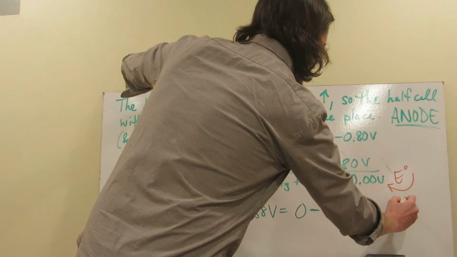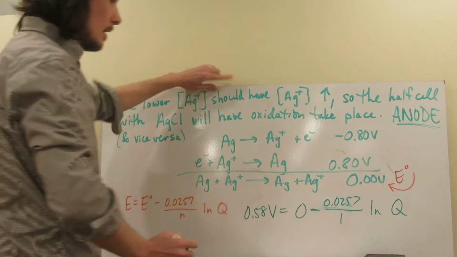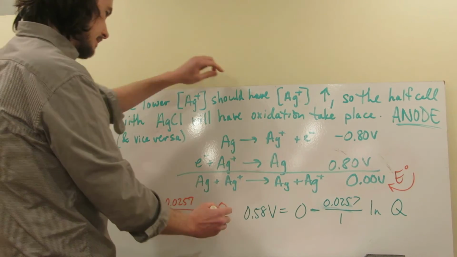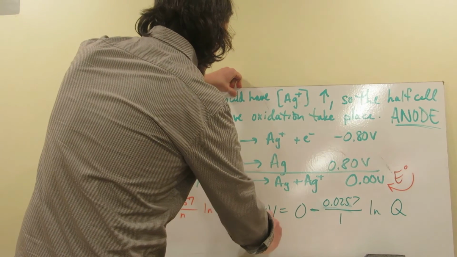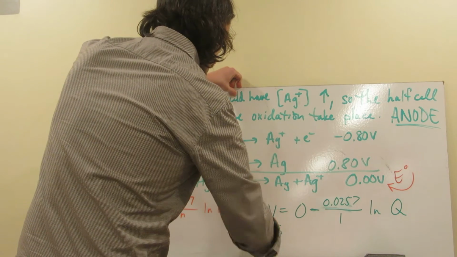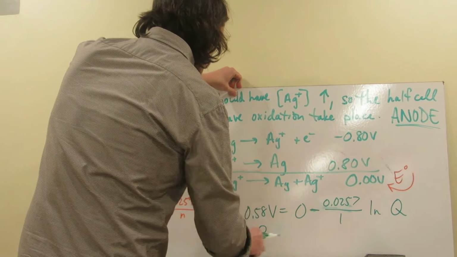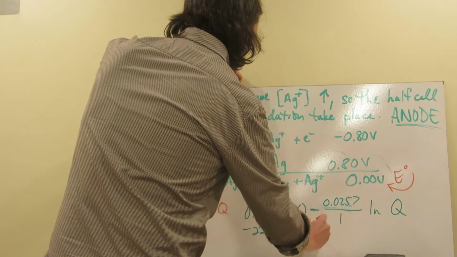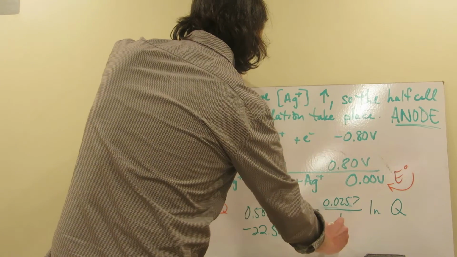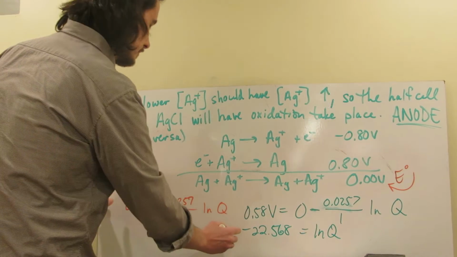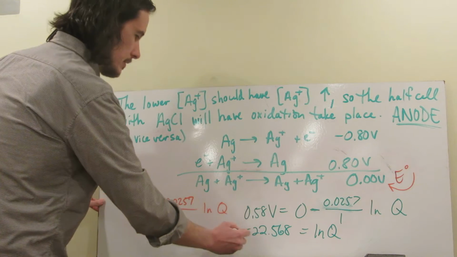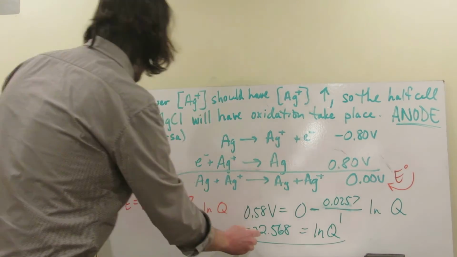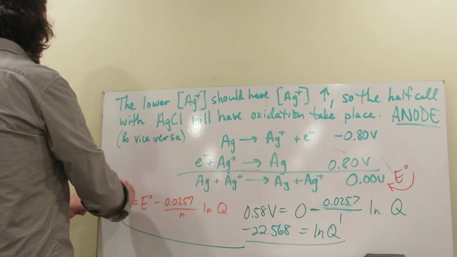And then ln of Q. So if you solve this, you get negative 22.568 equals ln Q, and then I'll go up here.